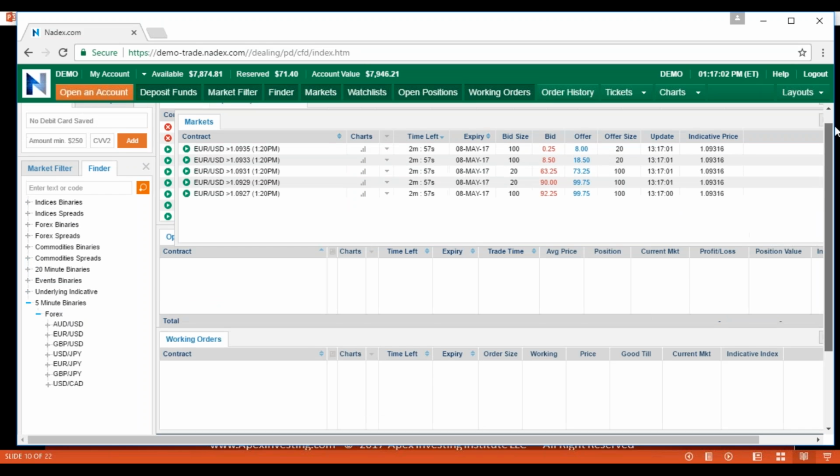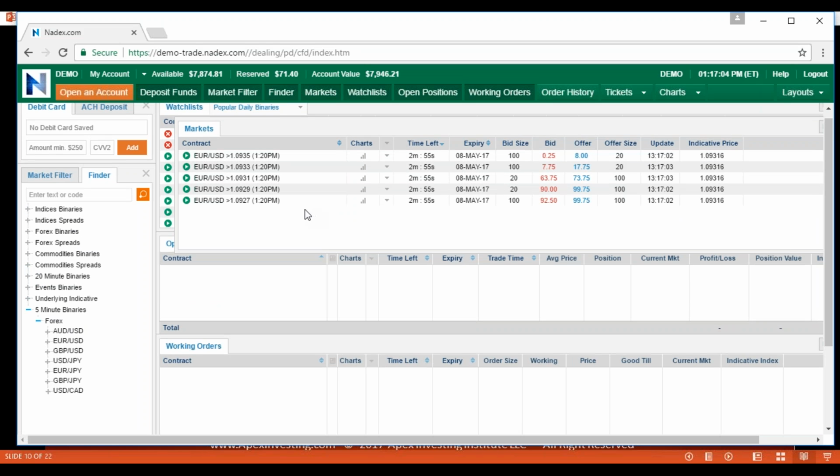So you don't have expirations right at the top of the hour, but you've got 11 different expirations an hour, 5 different strikes. Right now I've got binaries that expire in 2 minutes and 47 seconds, so these are going to expire at 1:20, and then at 1:20 there's going to be a whole new set that expire at 1:25. And then there'll be a whole new set that expire at 1:30.